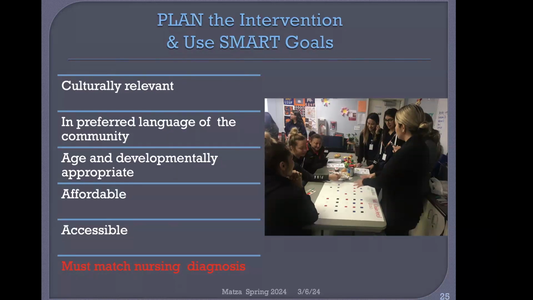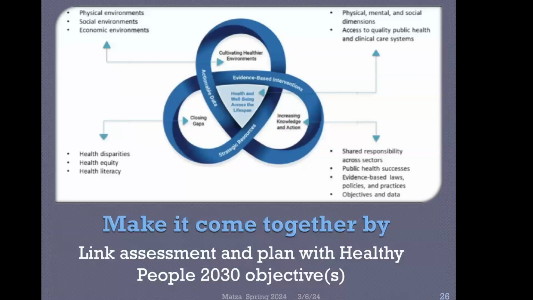It must be affordable to your student budget. And it must be accessible by your target population. It must definitely match or align with the nursing diagnosis. For clarification, this plan is the written plan using Appendix E, the health lesson template.